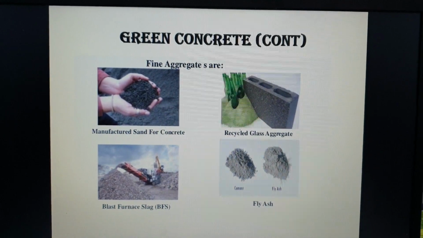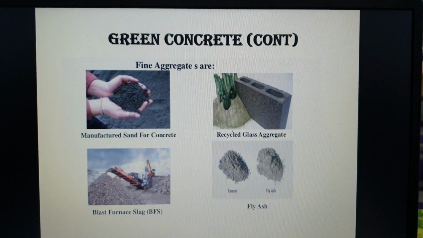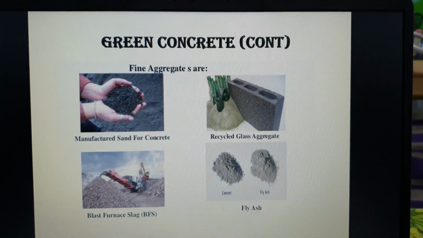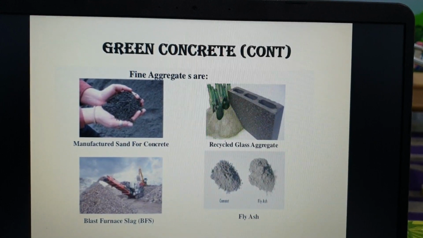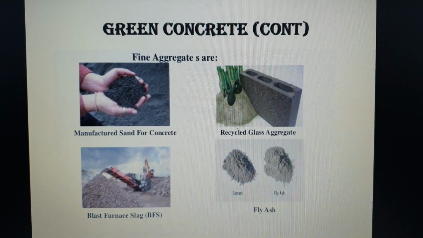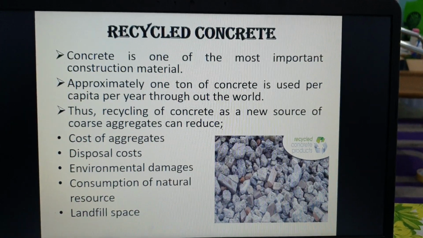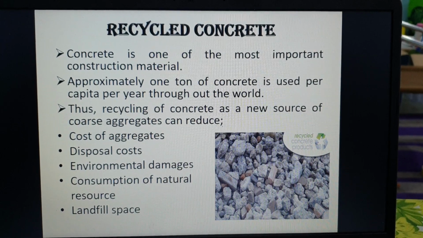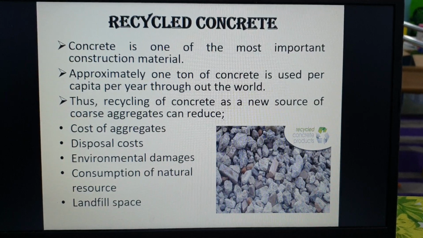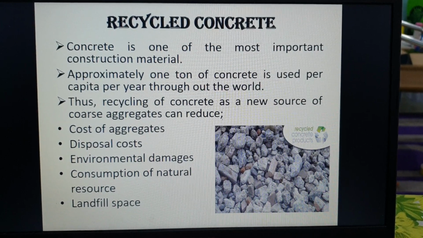Other examples are manufactured sand for concrete, recycled glass aggregate, blast furnace slag, and fly ash. These are green concretes to be used, but this one is specifically for aggregates. For recycled concrete, it means that an old building is crushed and you use the material as your construction material.